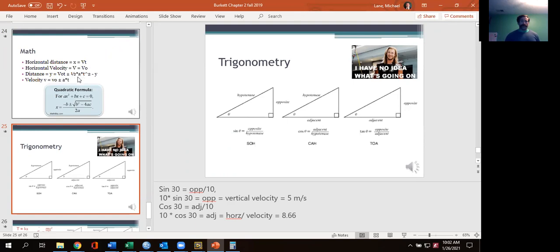And then our acceleration, once we take the 9.81 multiplied by 1/2, is going to be equal to 4.905. So from there, we have an a term because it's going to be time squared. We have a b term, which is going to be that 5. And we have a c term, which is going to be 0.